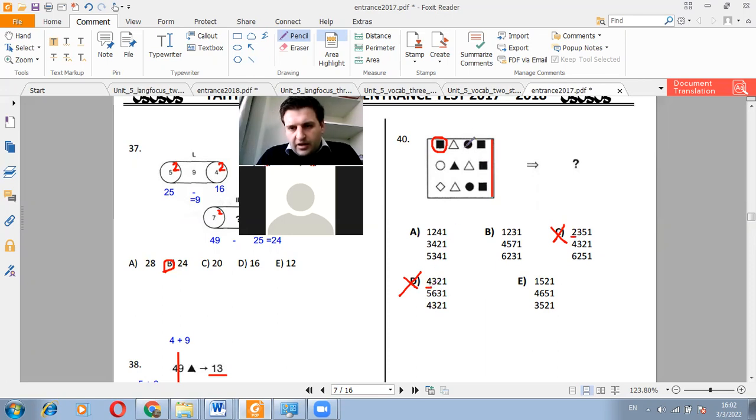Then take a look at another numbers that repeat. For example, take a look at these here, the triangles. You see, the first and the last number, the second digit should be same, and on the second number here, the third digit should be same.